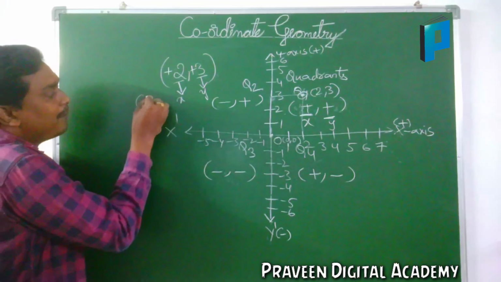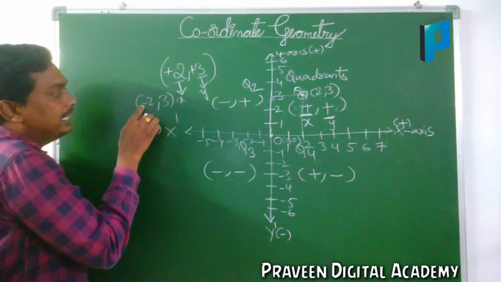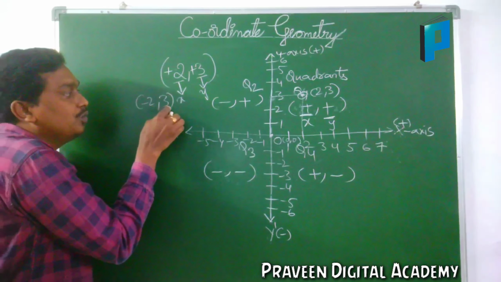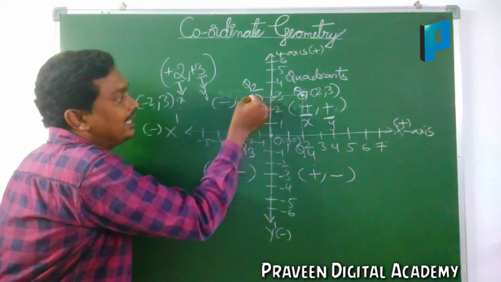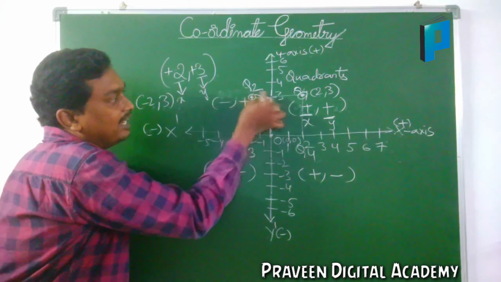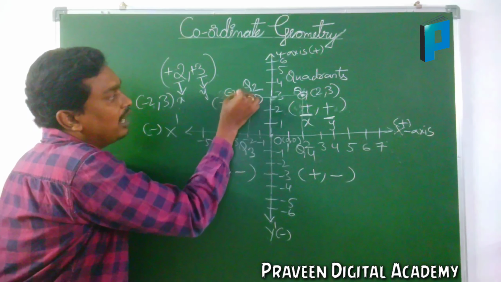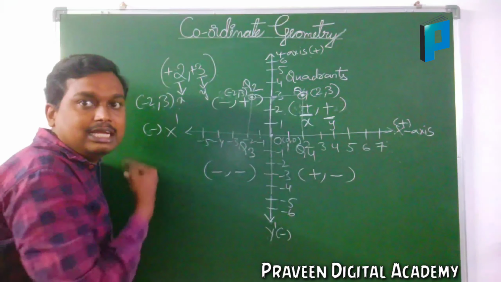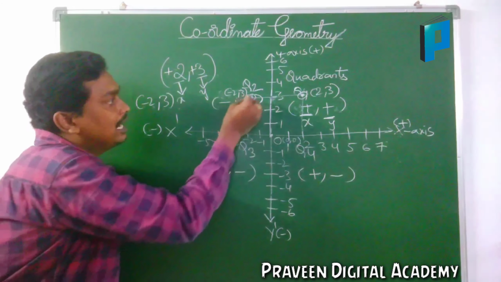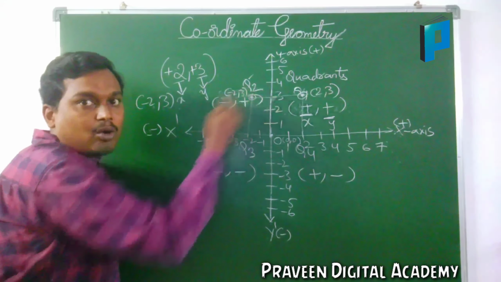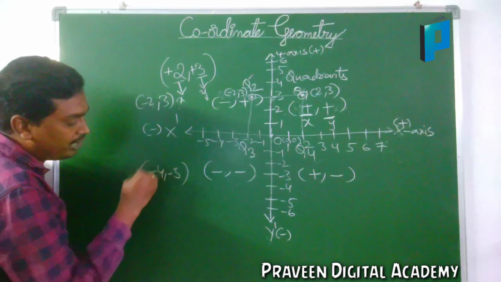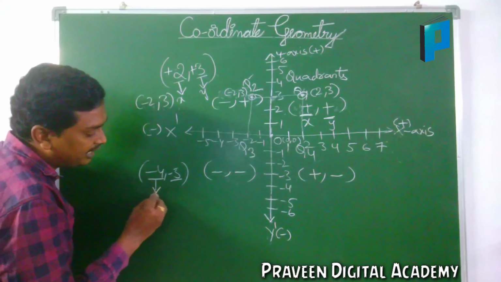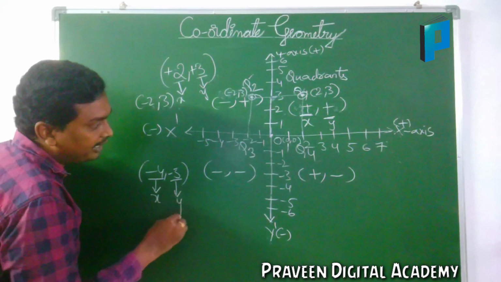If you have (minus 2, 3), here x is minus 2, y is 3. Where this minus 2 and 3 meet is called the point (minus 2, 3) on the Cartesian plane, and it lies in the second quadrant. If you have (minus 4, minus 5), this is the x coordinate and this is the y coordinate.